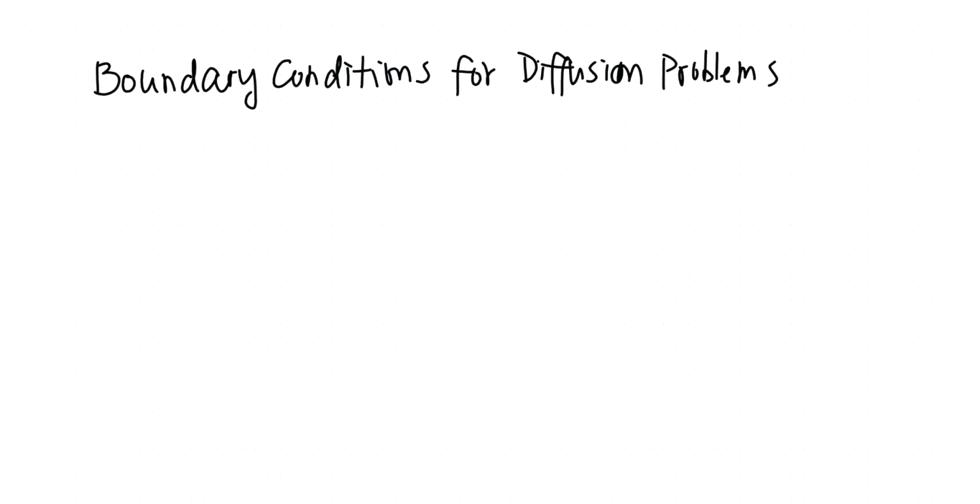This lecture will focus on the boundary conditions for diffusion problems. So hopefully from our previous discussion on fluid motion, like blood flow in a capillary wall or Poiseuille flow or boundary layers, etc., you have heard about boundary conditions a lot.